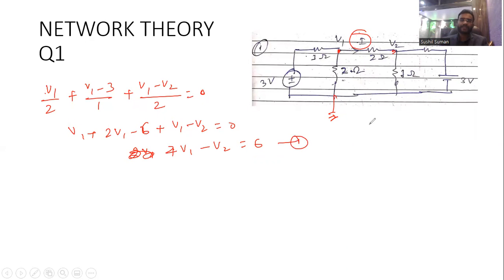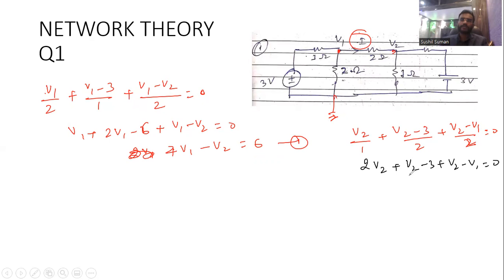Now write the second equation: V2 by 1 plus V2 minus 3 by 2 plus V2 minus V1 by 2 equal to 0, total outgoing current equal to 0. That becomes 2V2 plus V2 minus 3 plus V2 minus V1 equal to 0, which becomes 4V2 minus V1 equal to 3. This is equation number 2.